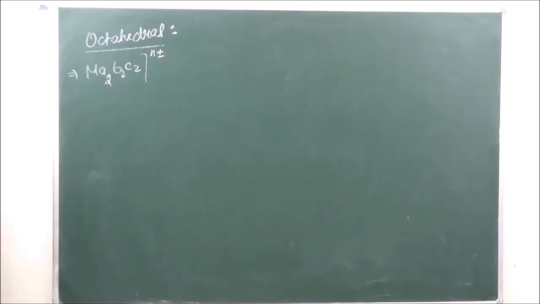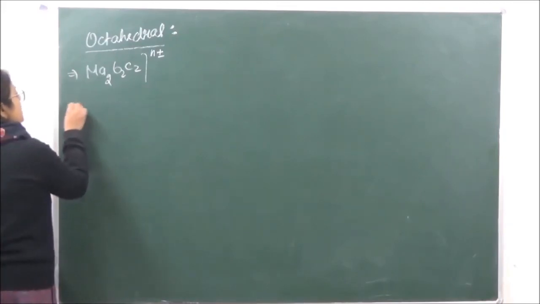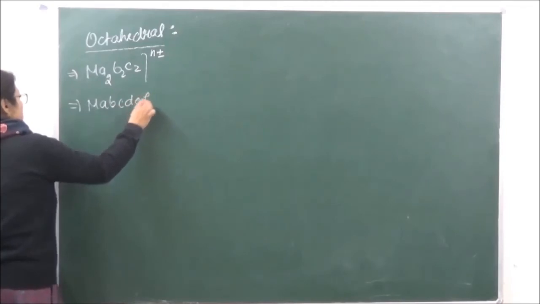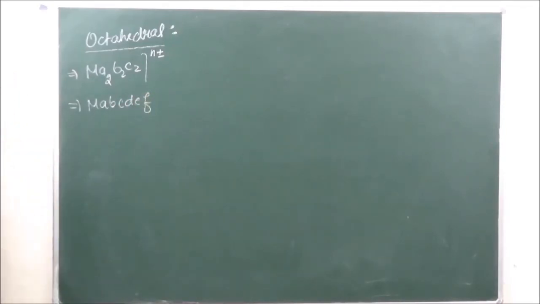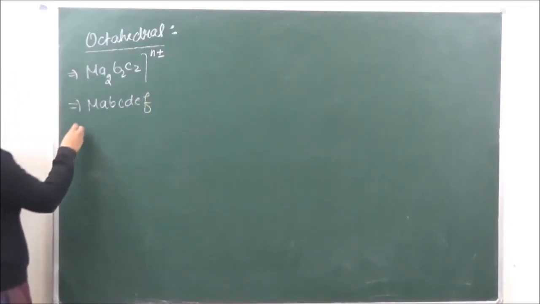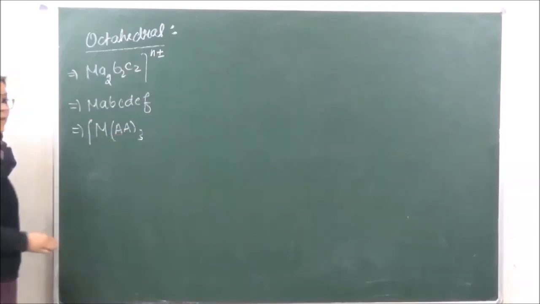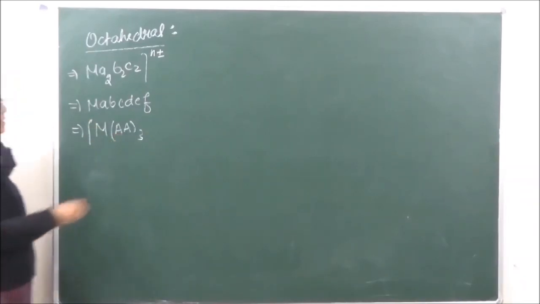These are going to show optical isomerism. The second type of compounds which we have is MABCDEF. The third type is M(AA)3, where AA is going to be the bidentate ligand.